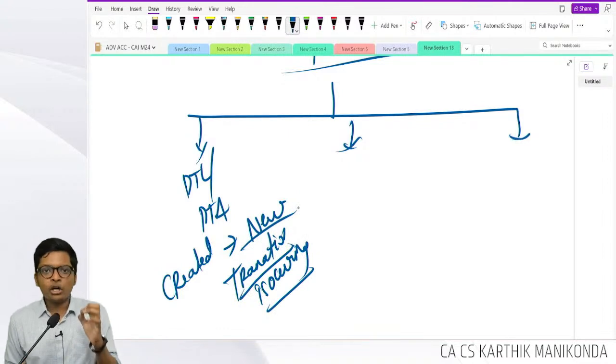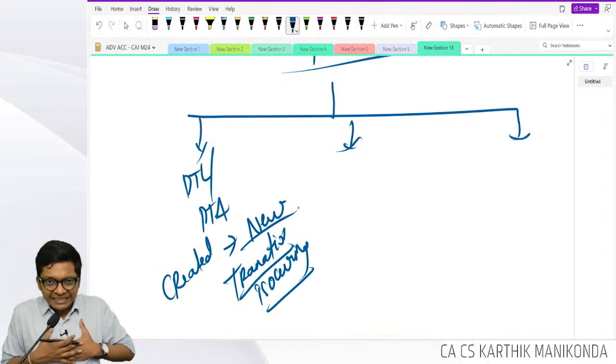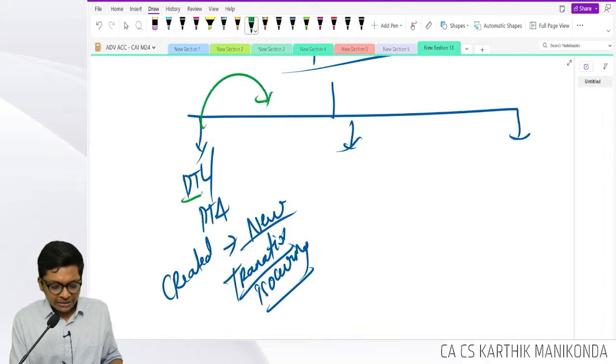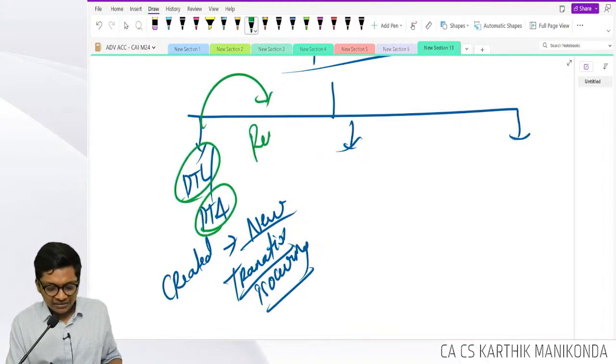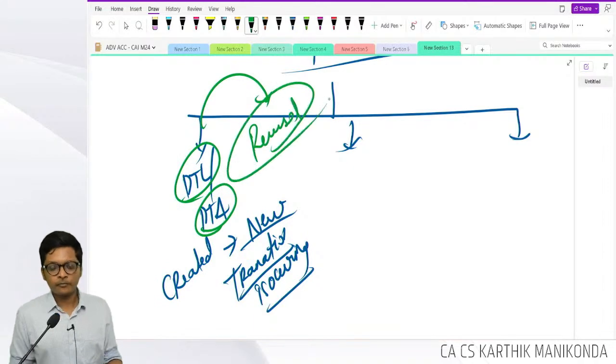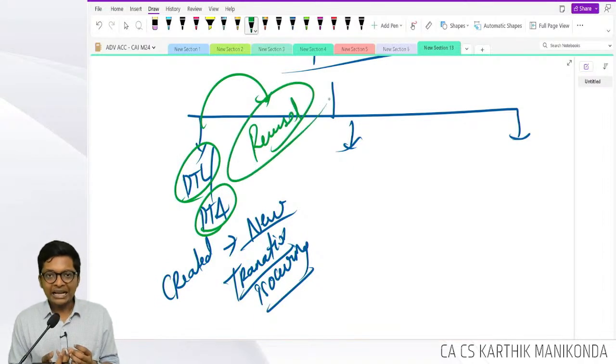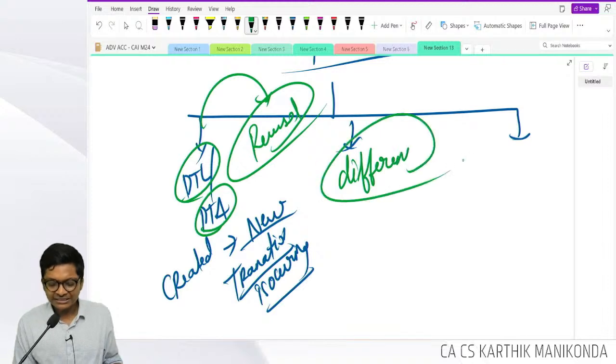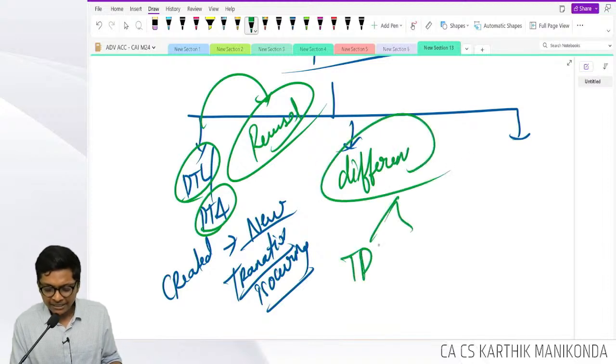In the next year, the deferred tax liability or asset created gets reversed. That is 1. And this deferred tax liability or asset comes because we have a difference. Such a difference is called timing difference, and it can be permanent or temporary.